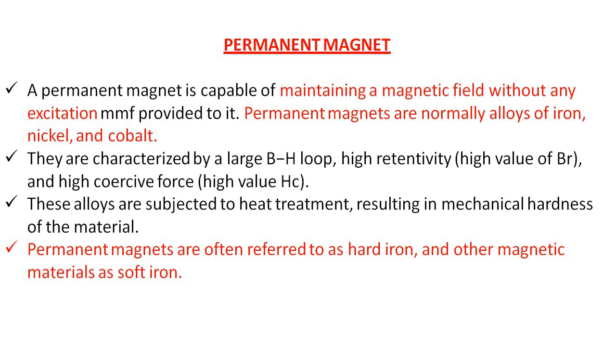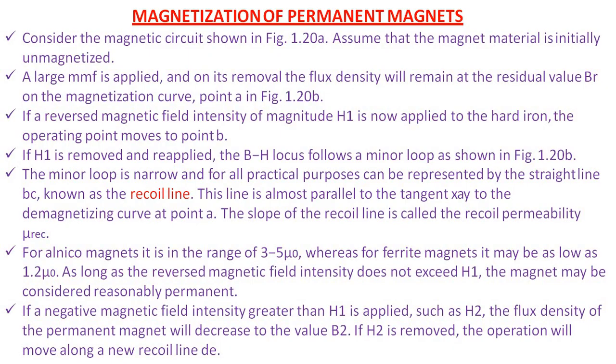The alloys are subjected to heat treatment, resulting in mechanical hardness of the material. Permanent magnets are often referred to as hard iron and the magnetic material as soft iron.